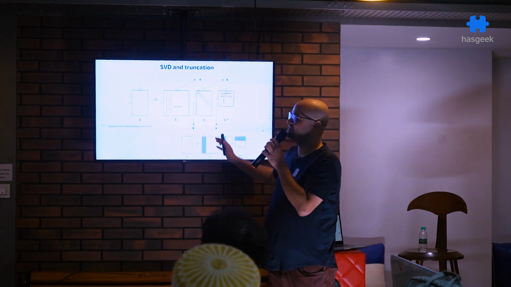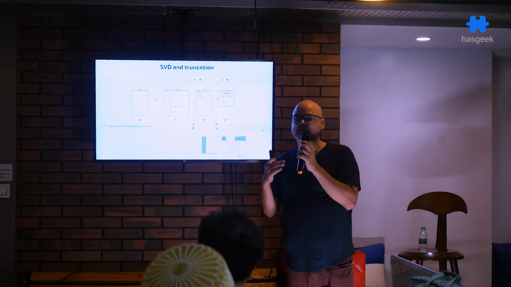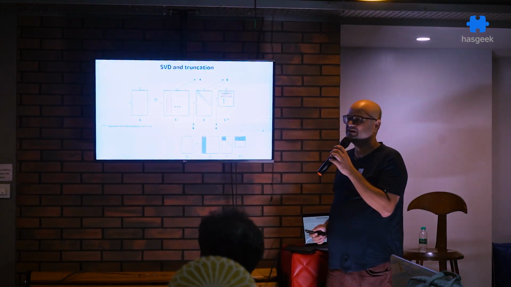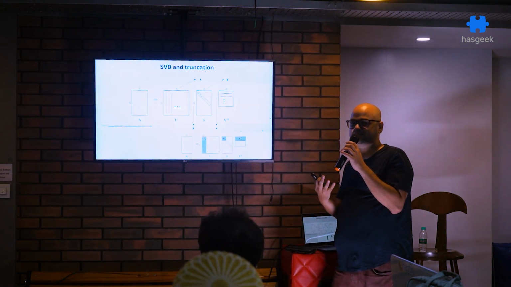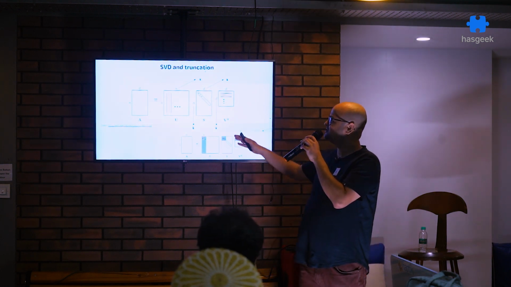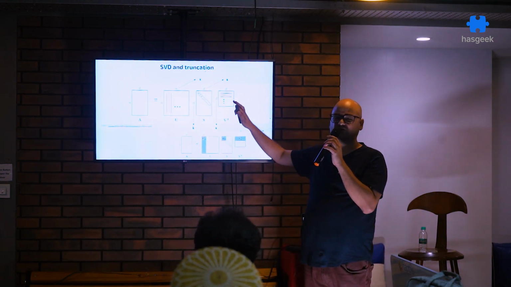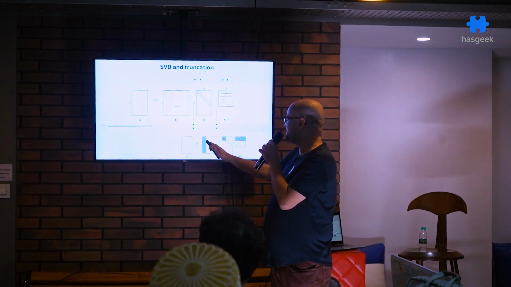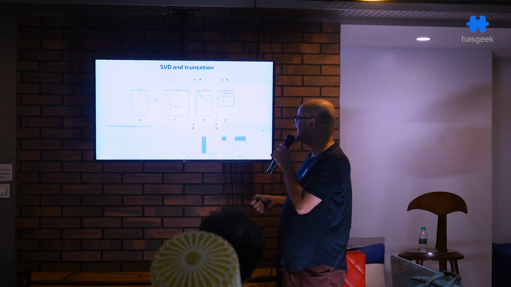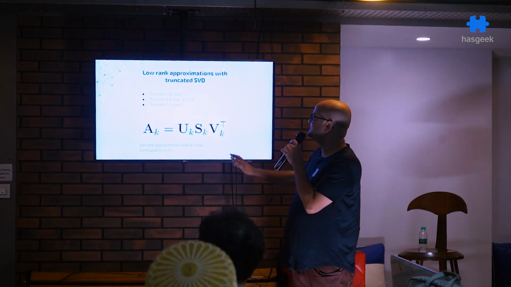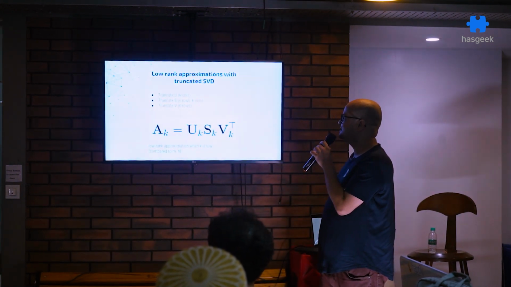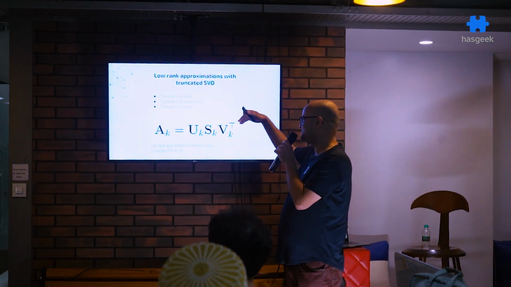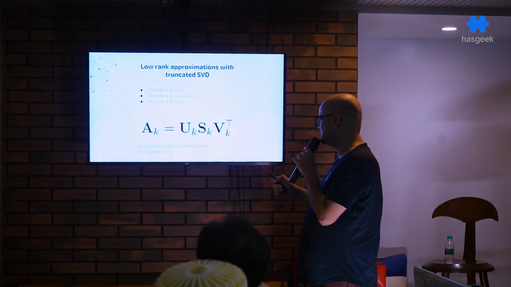And the singular values are essentially how strong or how weak the signal is for those concepts. So what you are doing is truncating the signals. You are dropping most of those things to focus only on a few things. You do that truncation, you get a truncated version, and that is the low rank approximation with truncated SVD.